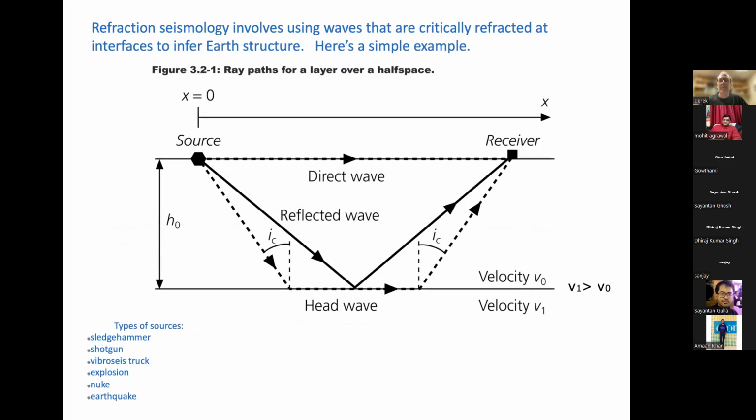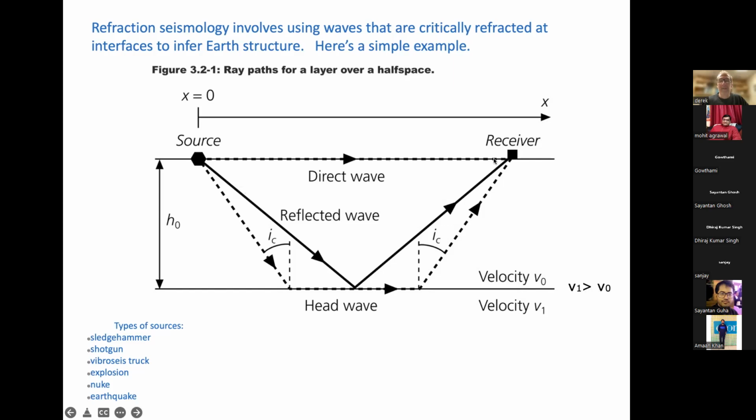Refraction seismology typically involves using waves that are critically refracted at interfaces to infer Earth structure. Here's a simple example. We have a layer of thickness H naught and velocity V naught over a half space with velocity V1, and V1 is greater than V naught.